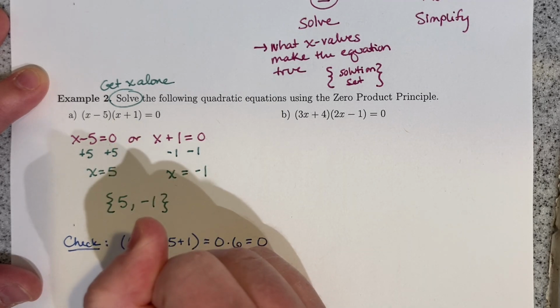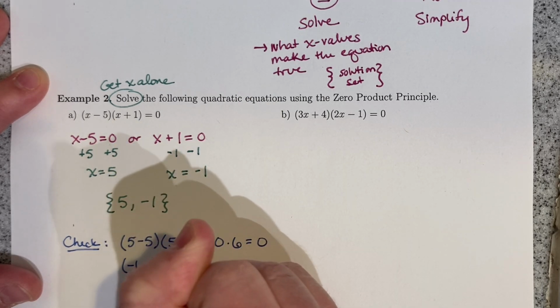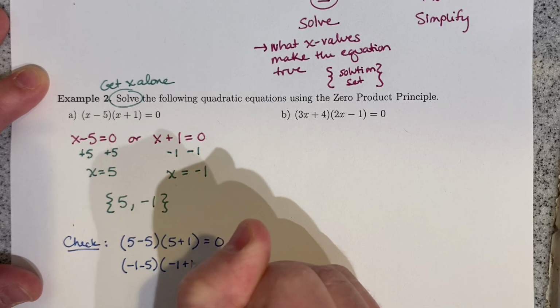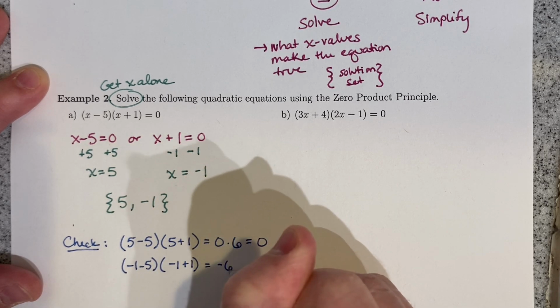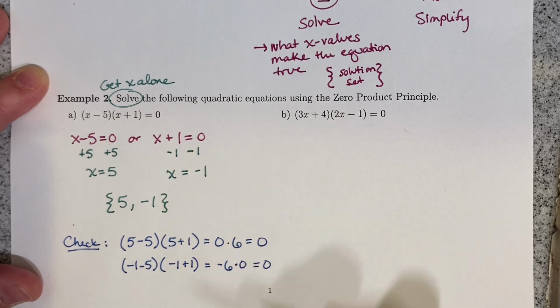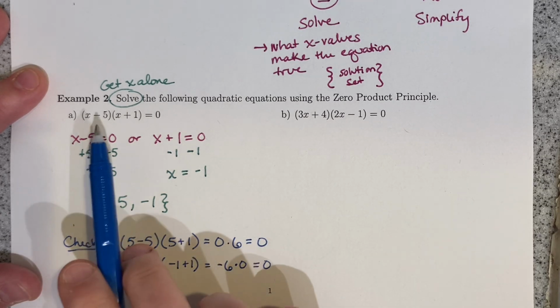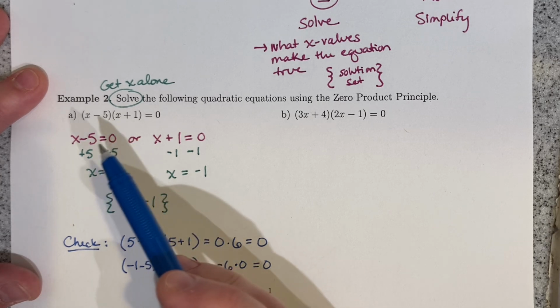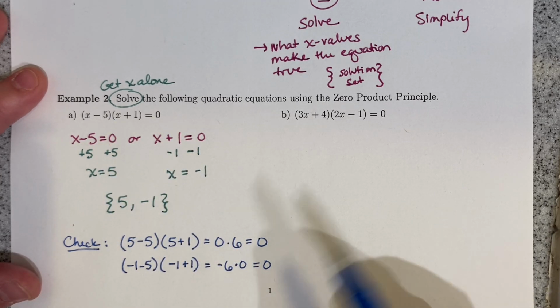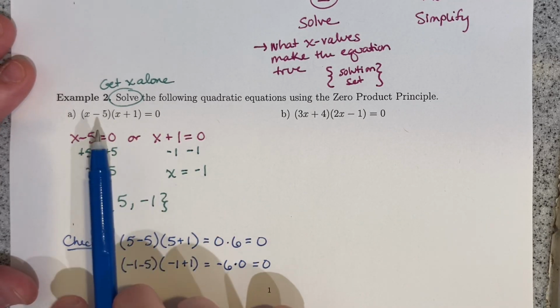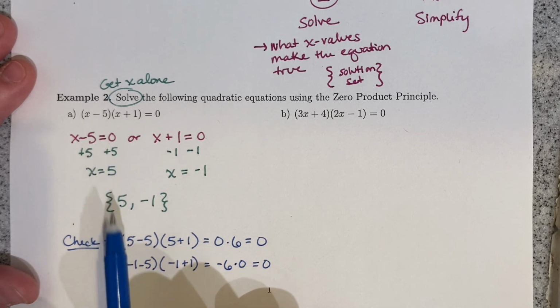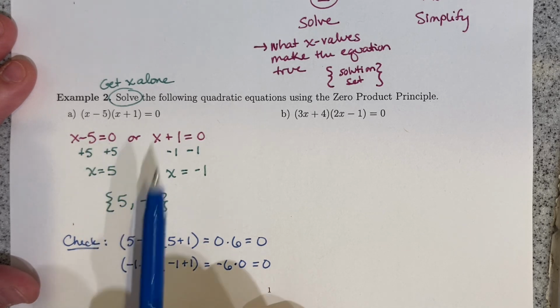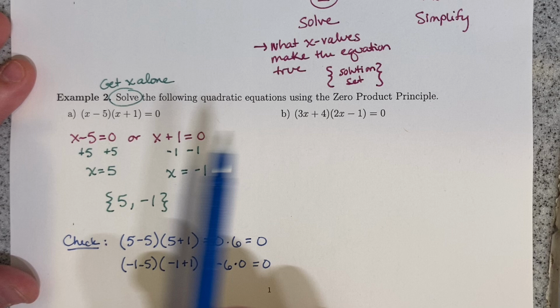If I try -1, -1 minus 5 times -1 plus 1 would be -6 times 0, that's 0. That's how we know these are the two answers. They both make the equation true. And really, maybe we see already that we could have done that basically in our heads, right? That's not too bad.